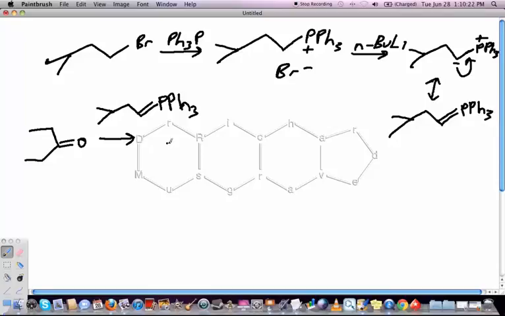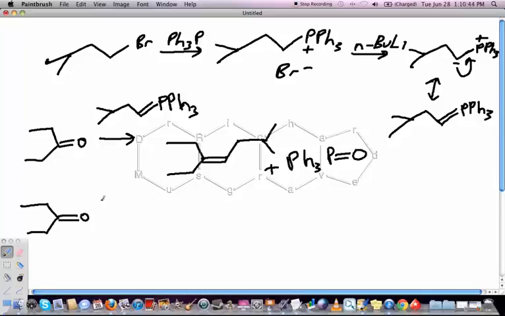And the product we're going to get is going to be this one. Plus triphenylphosphine oxide as a byproduct. Alright, let's look at the mechanism for that.